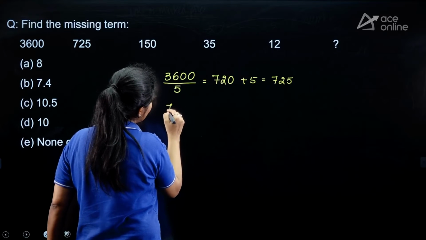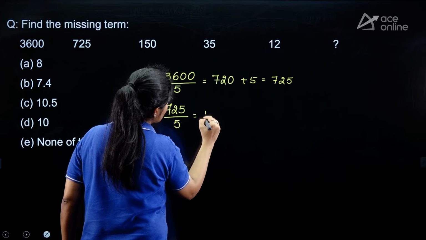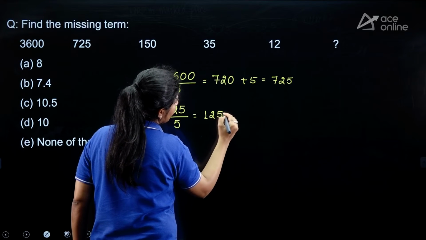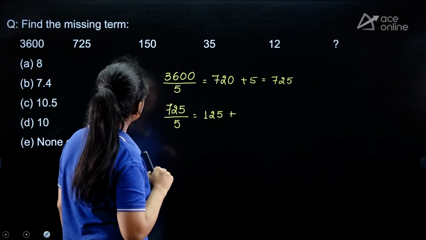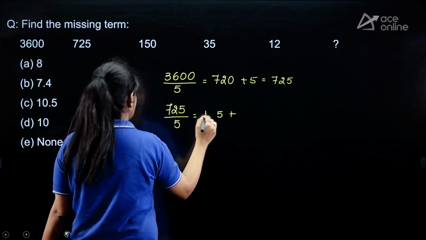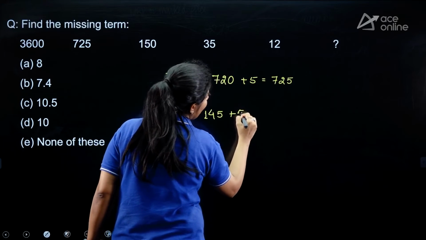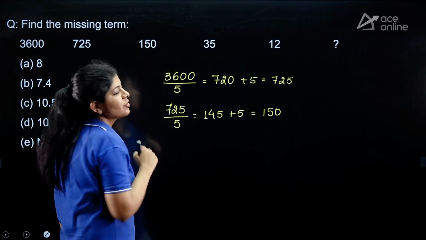Now, 725 divided by 5 gives 145. If I again add 5 to it, I get 150, which is mentioned over here.